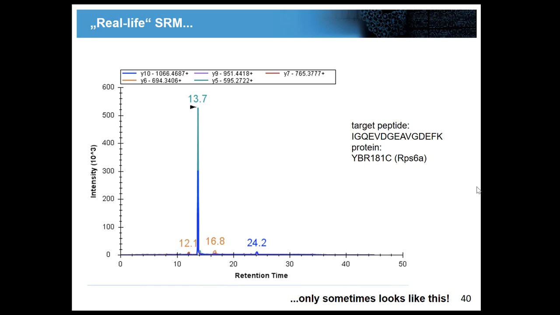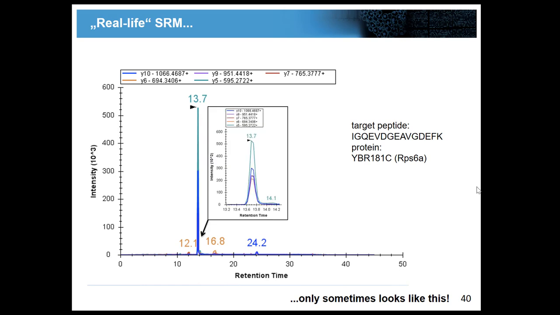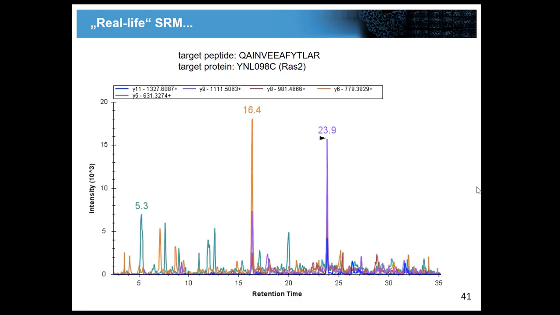I think I have a zoom in as well. Just by looking at peak shape, coelution and intensity, the first 3, I'm sure this is it. I'm done. I can just integrate it and quantify it. But this RPS6A protein is one of the most abundant proteins in yeast, so such beautifully clean data is very rare when you work with complex peptide mixtures.